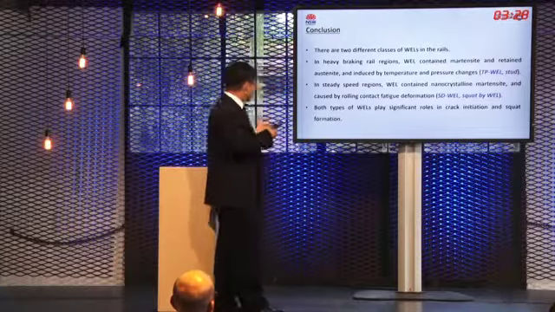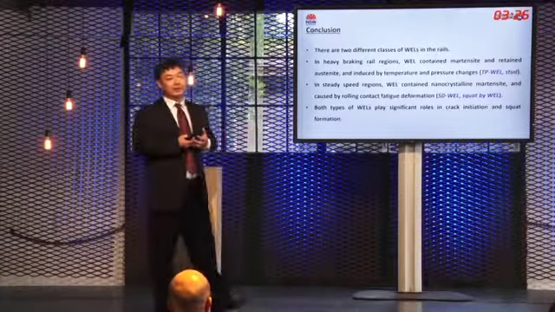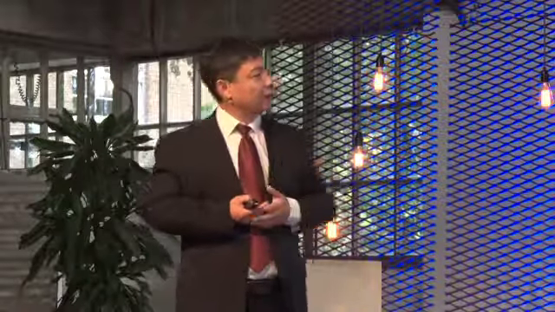Basically, we find there are two types of white etching layers due to different traffic conditions. For the heavy braking regions, the white etching layer containing martensite and retained austenite is caused by temperature and pressure. It fits the definition of the stud.